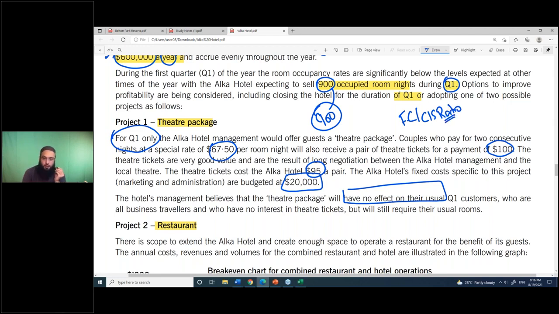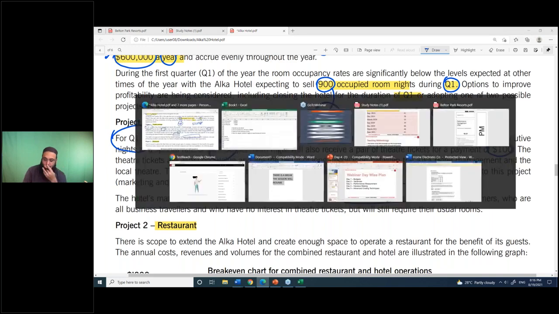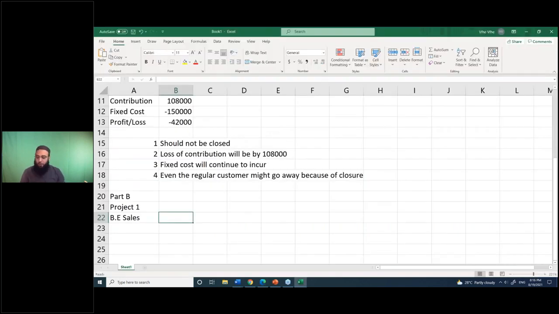Now, fixed cost we know, CS ratio we need to work out. For that, first of all I need the per unit selling price, right? So how will I work out sales per unit of room?